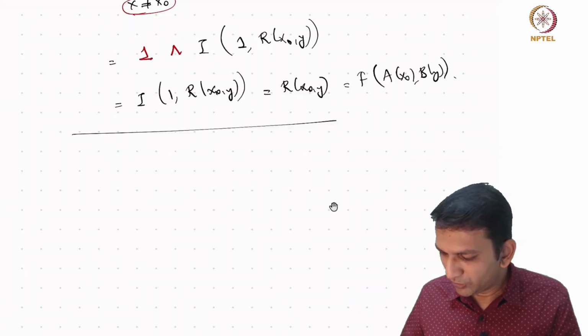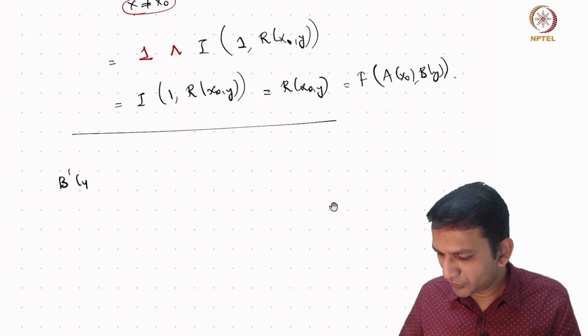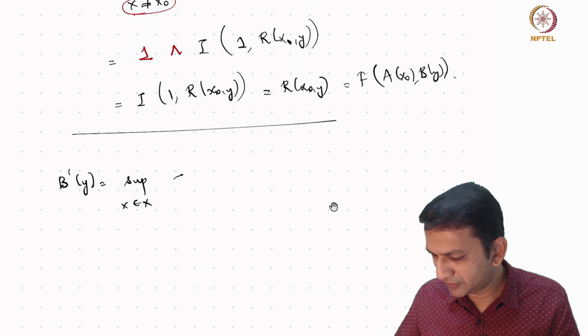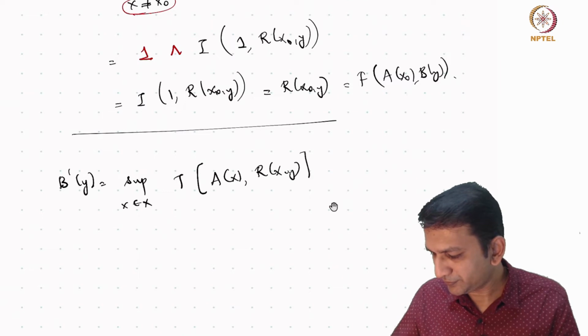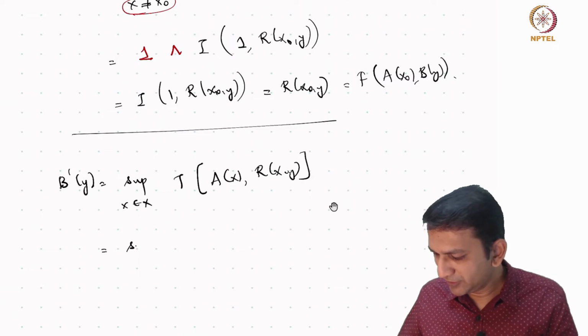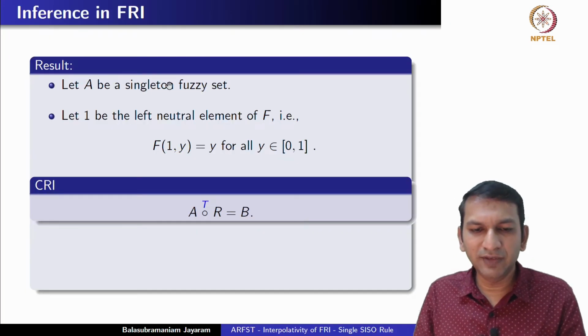Let's look at this. We are looking at B dash of y. Once again, it is supremum x element of X, T of A dash of x, comma R of x, y. Once again, we split this as x not equal to x0. Remember, A dash is a singleton fuzzy set.